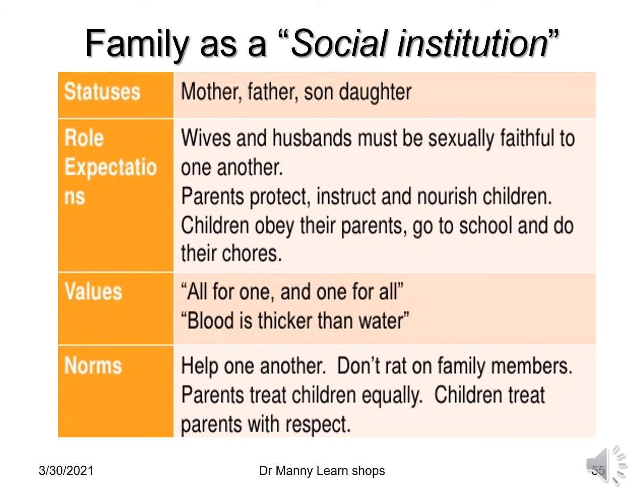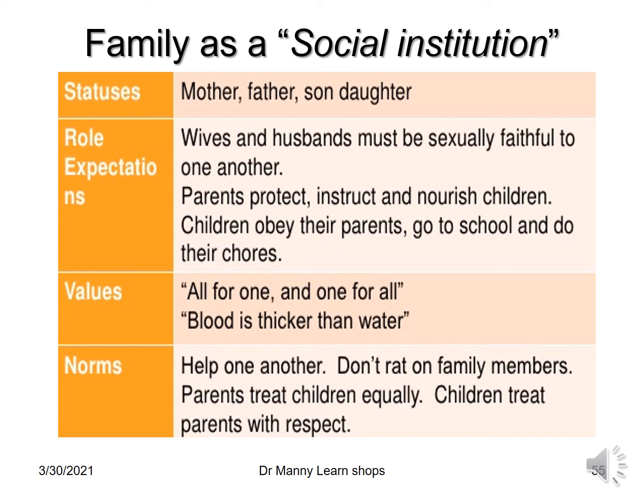When we look at family as a social institution, you're looking at mother, father, son, daughter. And there are role expectations for all these roles. However, there's the value here that we're all in this together. One for all and all for one.